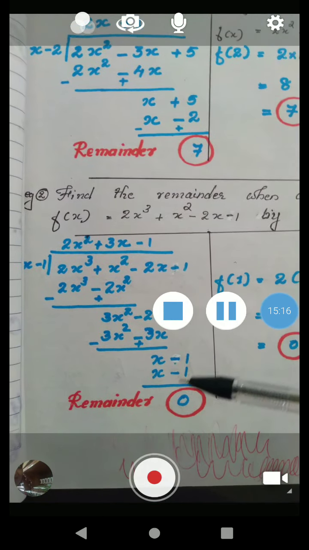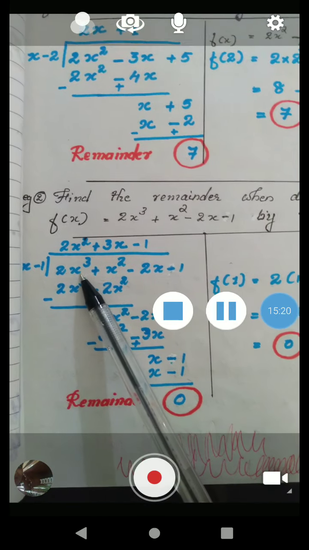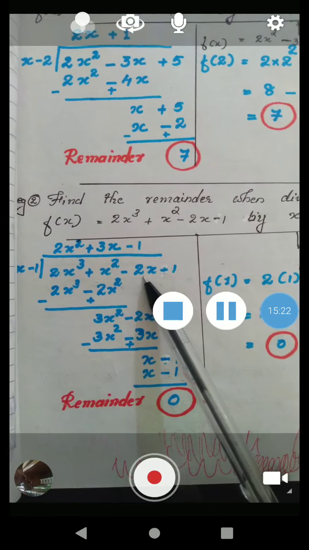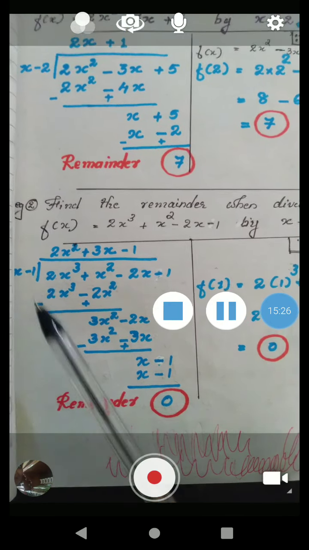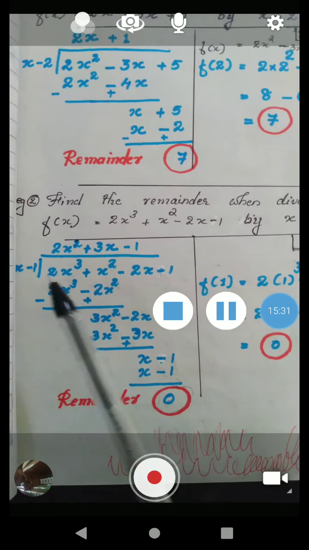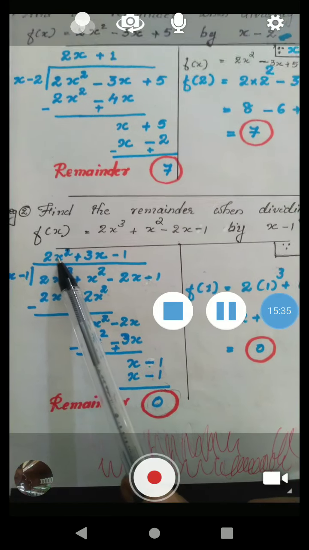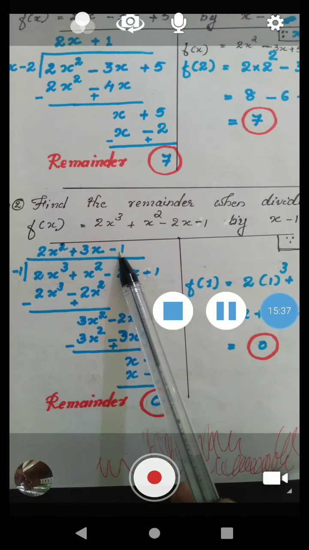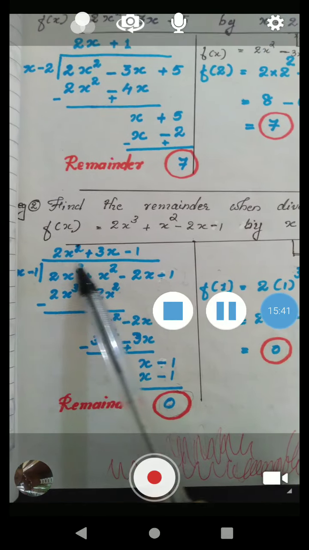In the previous example, when this expression, 2x cube plus x square minus 2x minus 1, is divided by x minus 1, we get the remainder 0. In this case, we can say that x minus 1 as well as this 2x square plus 3x minus 1 are the factors of this expression, that is f(x).